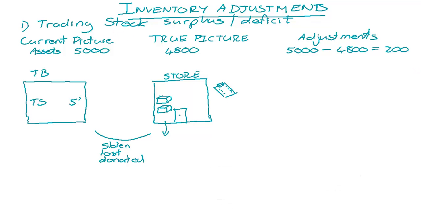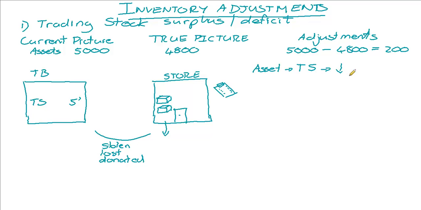This means that my assets value in the accounting records is too high, and I need to decrease my assets to 4,800. So the asset in question here is trading stock. I'm just going to indicate that with a TS. So trading stock needs to be decreased.